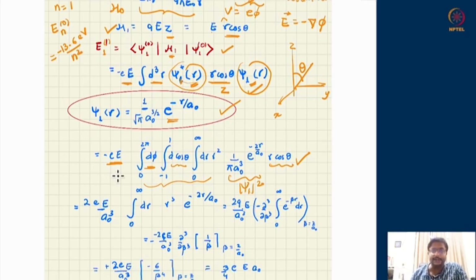So ultimately I have to do this integration. The phi integration is simple to do because there is no phi dependence in the expression.